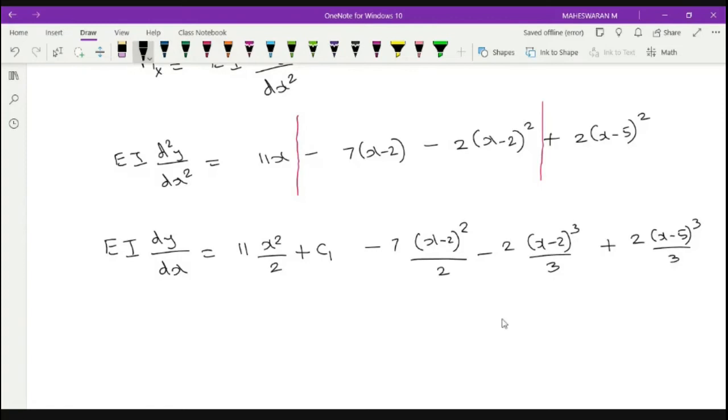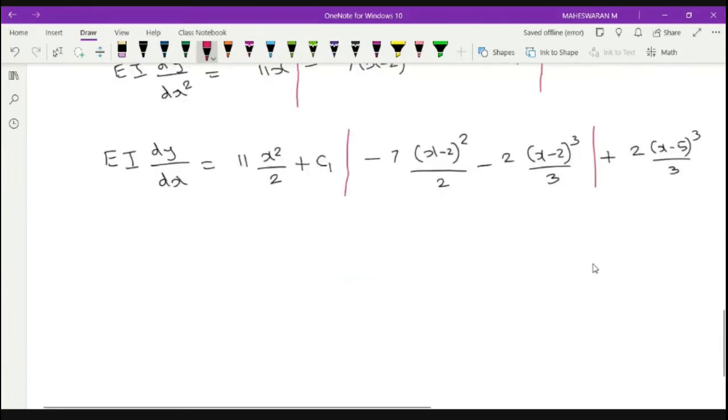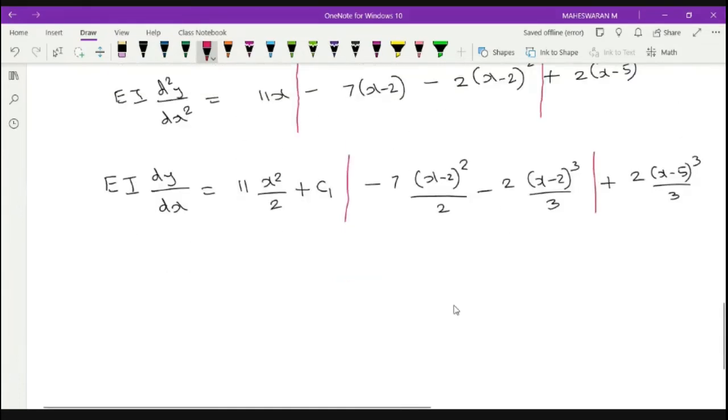So this is my Macaulay's line, same, there is no change. Let me consider this as equation 1.